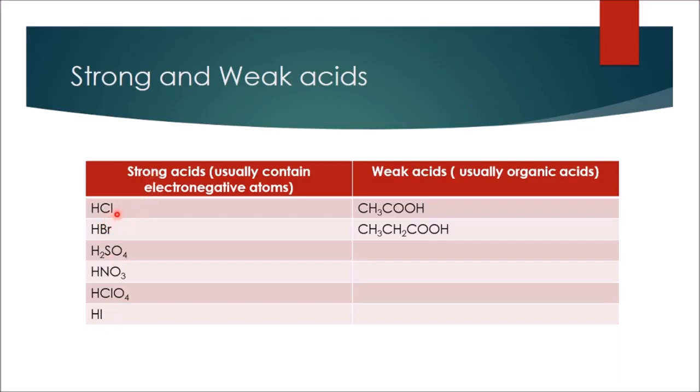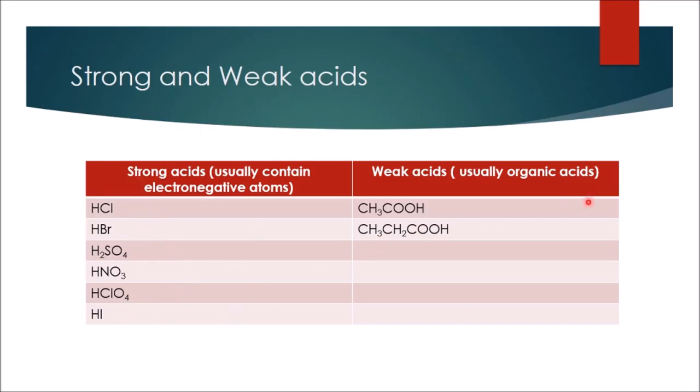So always remember, any halogen atom like chlorine, bromine, iodine, or oxygen or sulfur or nitrogen, these are all strongly electronegative atoms. Any acid that contains these electronegative atoms is strong.